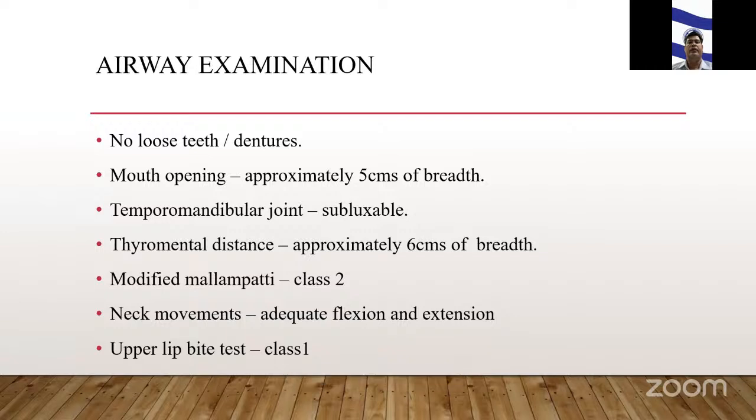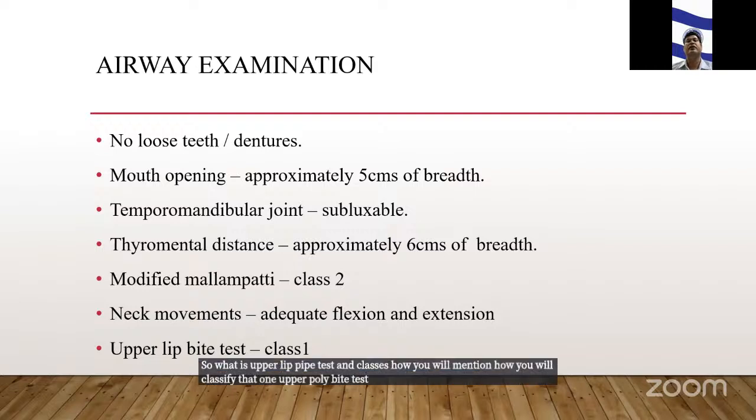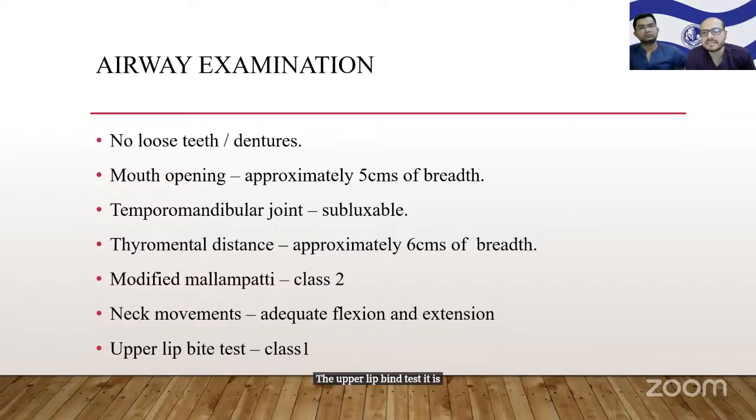So what is the upper lip bite test and its classes? How will you classify that? The upper lip bite test is very specific and sensitive for predicting difficult airway. Class 1 is when the patient is able to bite the upper lip beyond the vermilion line. Class 2 is when the patient is able to bite the upper lip just below the vermilion line.